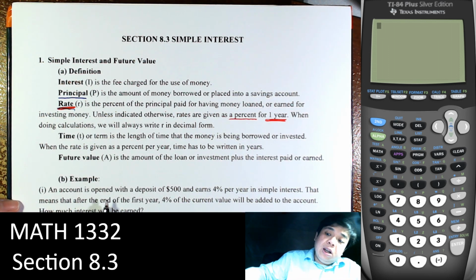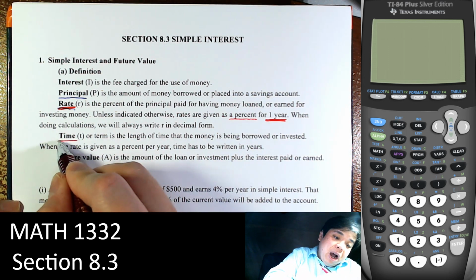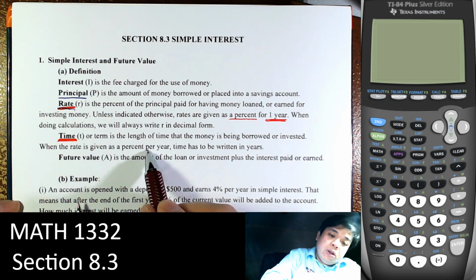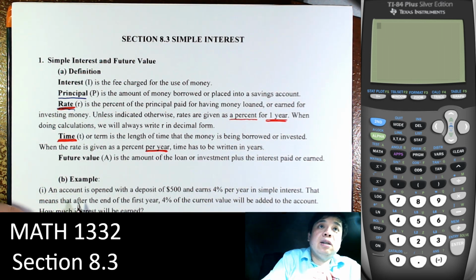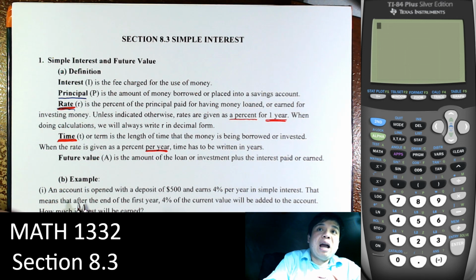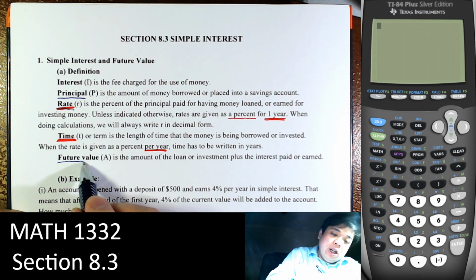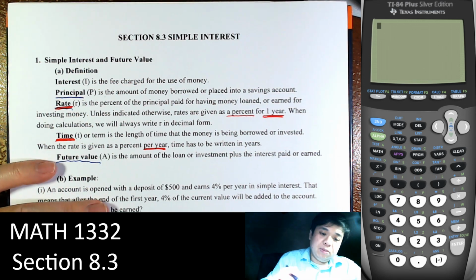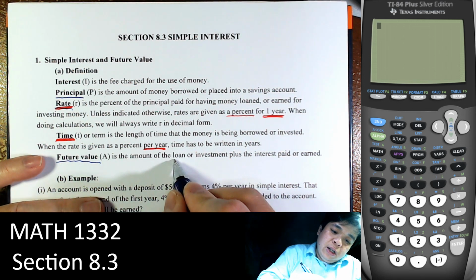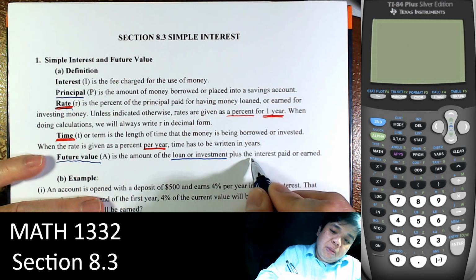The time, because of that, is also by default per year. So if it is 9 months, that will be 75% of a year, or 3/4 of a year. And the future balance is the original amount plus the interest, so the loan or investment plus the interest.